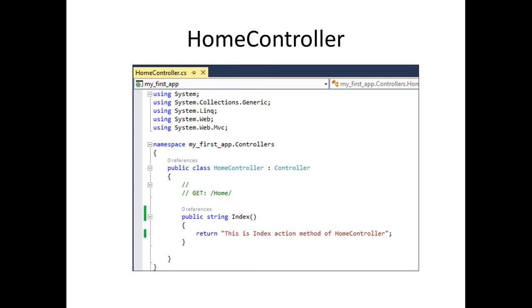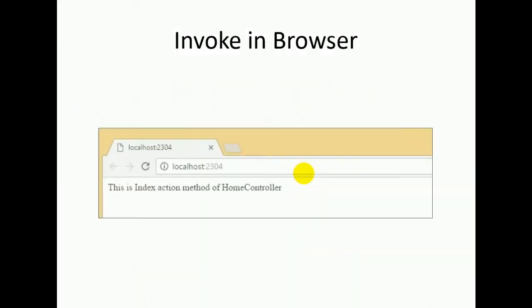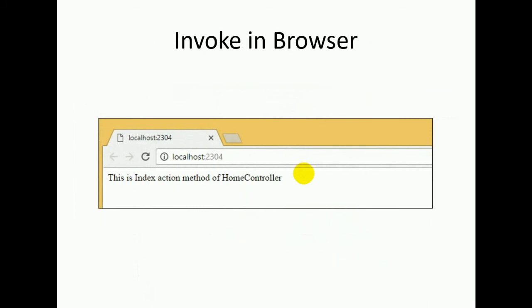We will return a dummy string from Index action method of HomeController. Changing the return type of Index method from ActionResult to string and returning dummy string. So let's invoke it from the browser and you will see the following page in the browser.